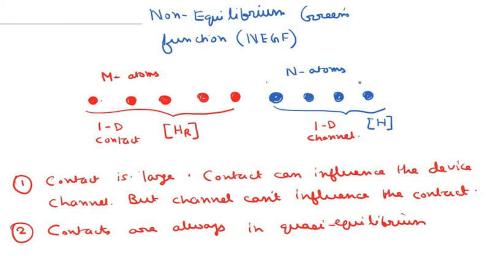The device channel cannot drive the contact to a state which is far from equilibrium. The device would never draw so many electrons that the contact itself gets far away from equilibrium. So the contact should always be in quasi-equilibrium.